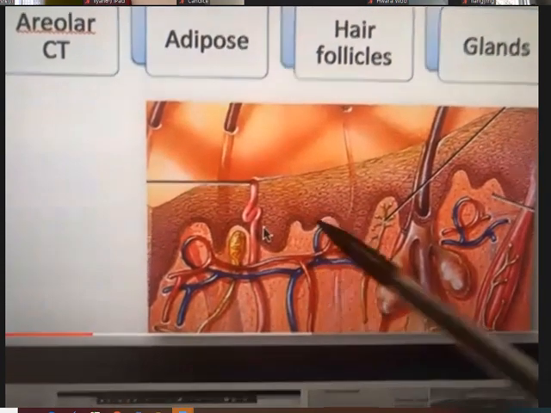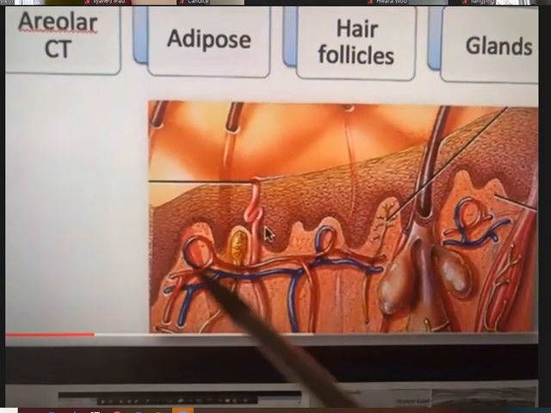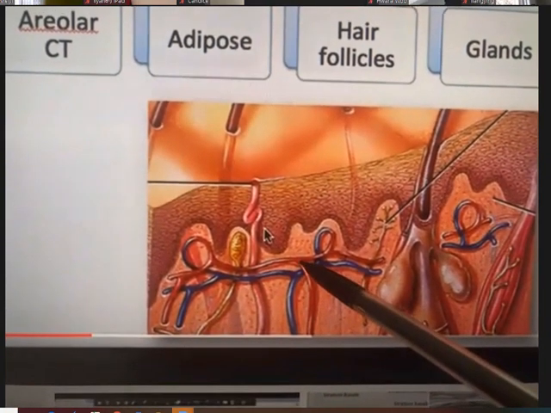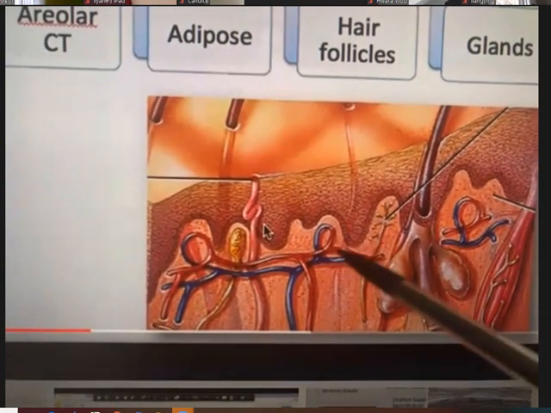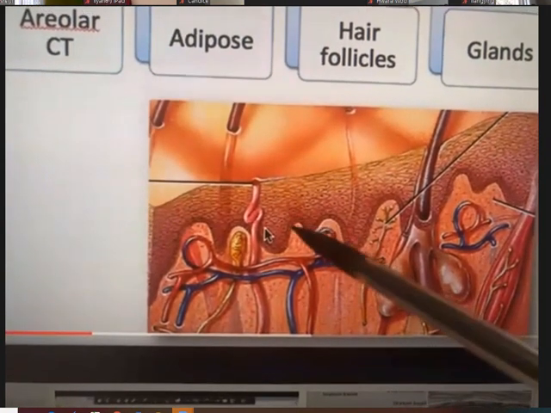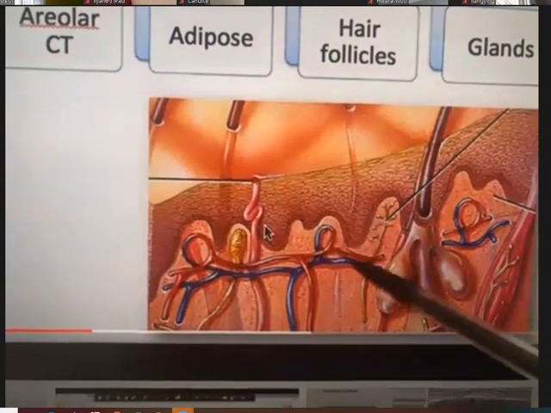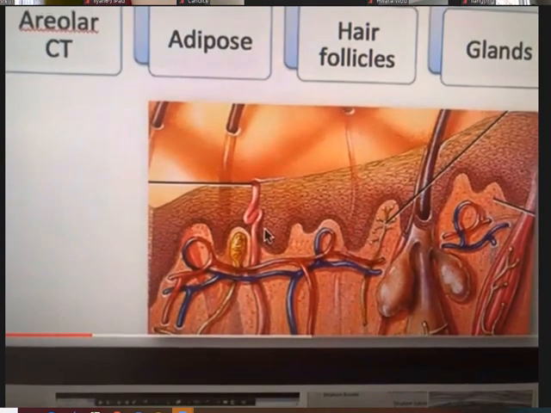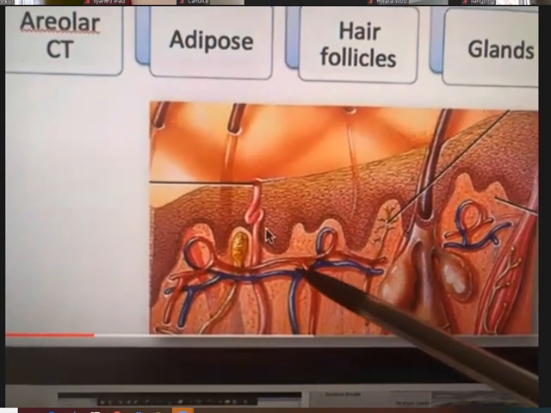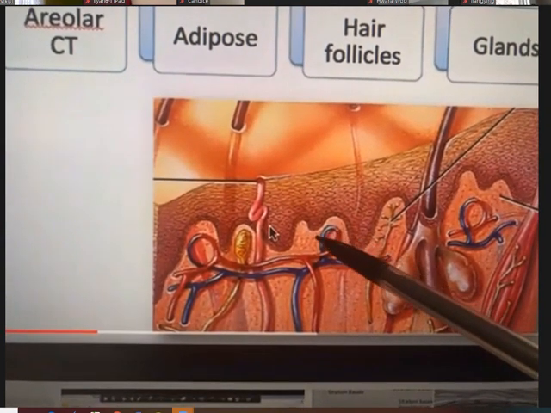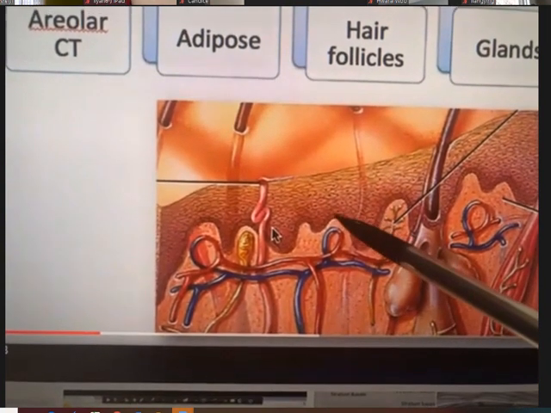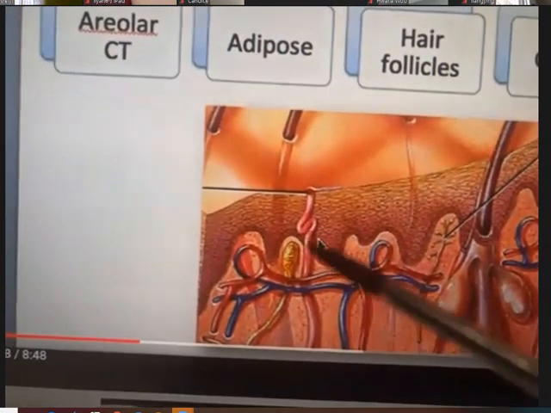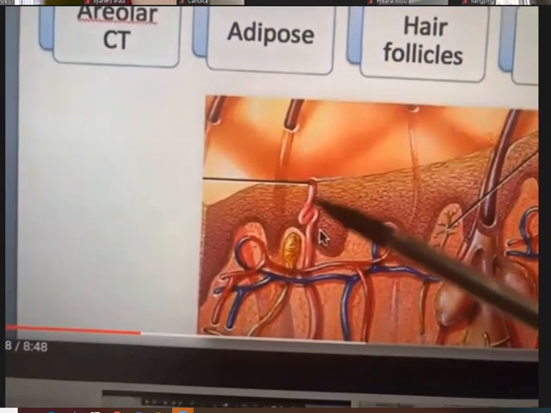These two are your nerves, and then the red one is your capillary, that feeds your skin with nutrients, brings food and oxygen to your skin. And then the blue one is the capillary that carries the blood away from the skin back to the heart, carrying waste and blood without oxygen away from the skin to your heart. And then this one is your sweat gland, the duct to your sweat gland.